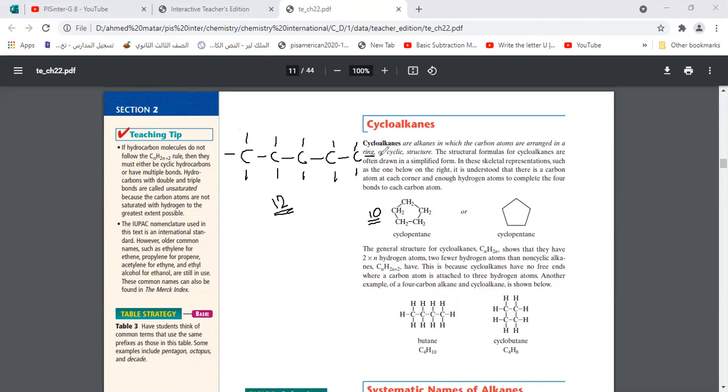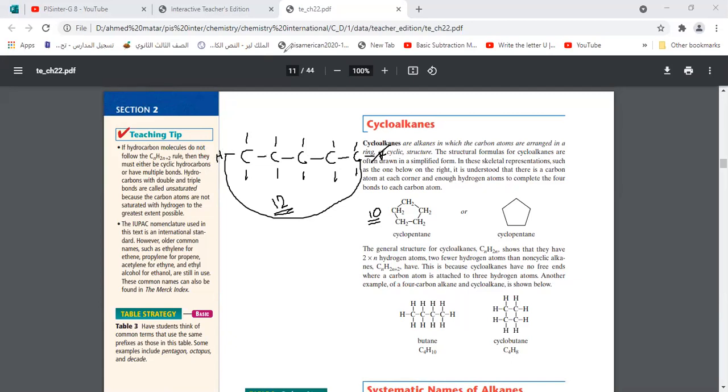Why? Because actually the 2 hydrogens which are found on the edges here are removed to make these 2 carbons bond to each other to make the cycle. Good idea? Yes. So these two hydrogens must be removed. So always we're gonna find that the normal alkane has 2 more hydrogens than the cyclic one. A good idea? Yes. Is it clear, guys? Yes.